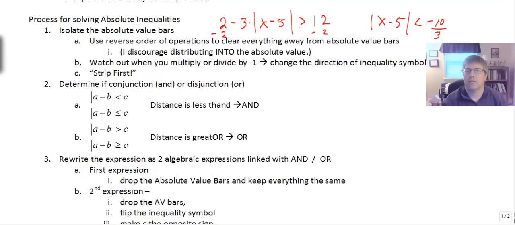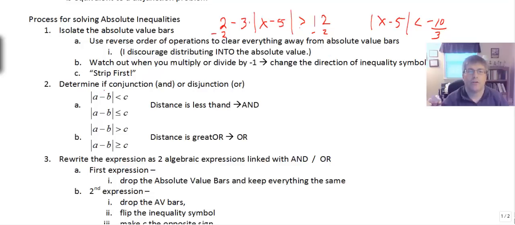Negative 10/3, I think that is. But we want to clear everything away from the absolute value bars. So watch out when you multiply or divide by a negative 1. You have to change the direction of your inequality, which I did here. So essentially what you hear me talk about is strip first. Clear everything away so that there's nothing hanging on to the absolute value bars.